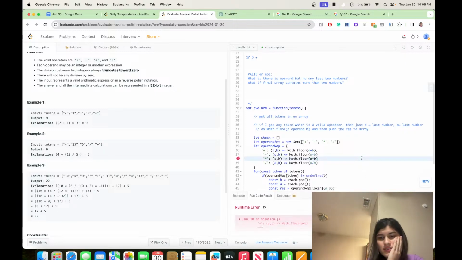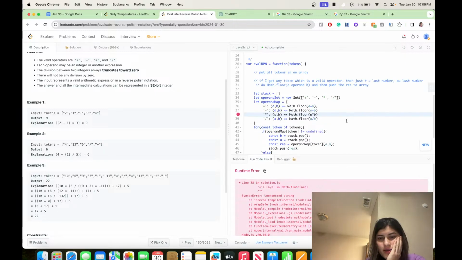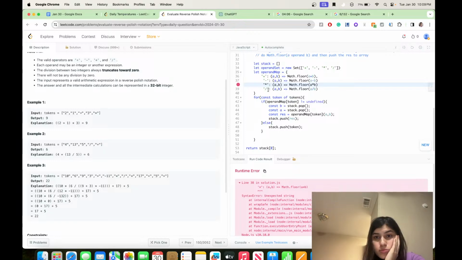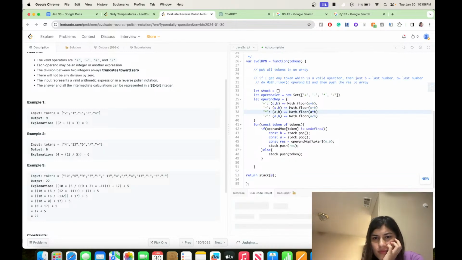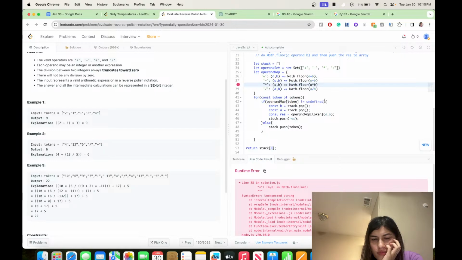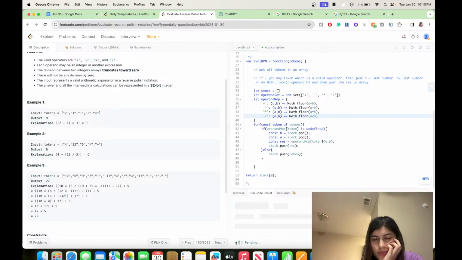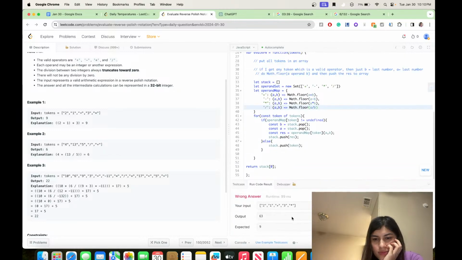This question cannot be this easy. What's happened? Unexpected string. Oh. Output is 63, which is very funny.